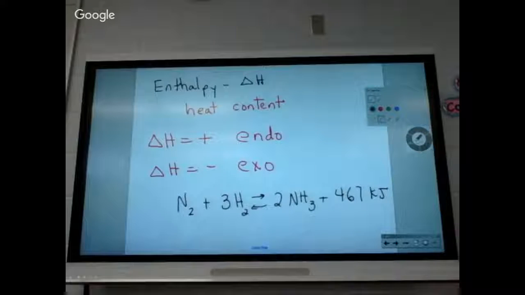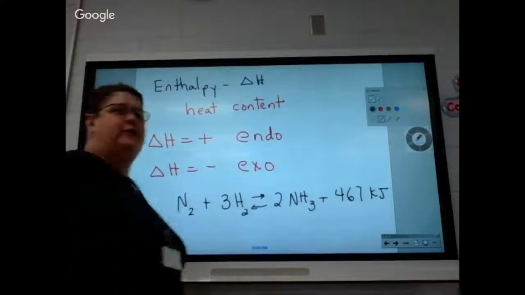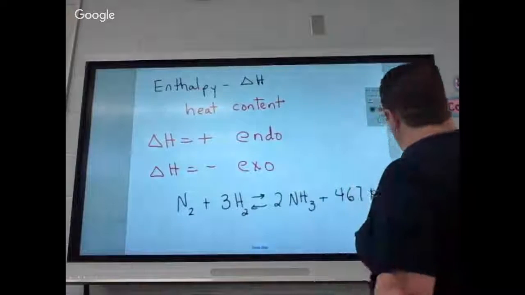So, when you look at that, what would you tell me based on that equation? It's exo. How do you know that? The numbers on that. Numbers on what side? Be specific. What science word would you use?